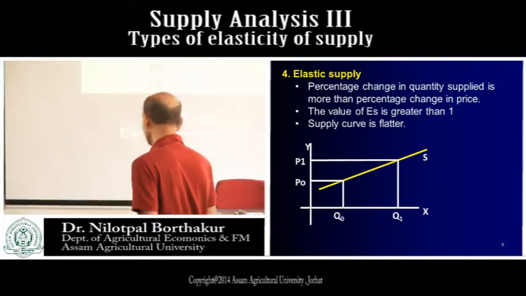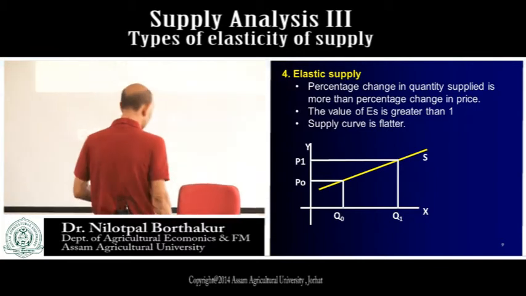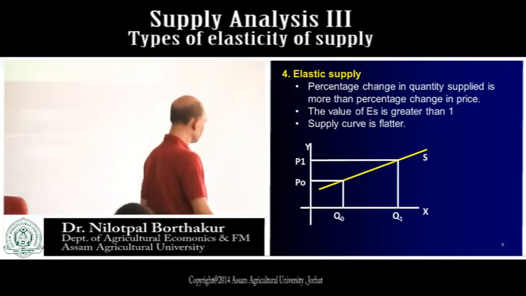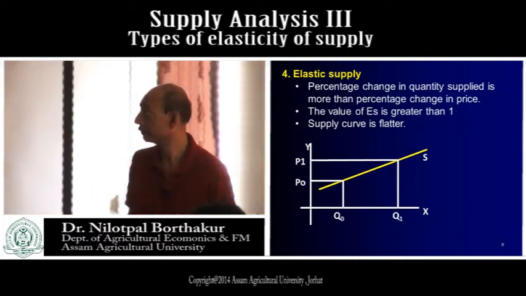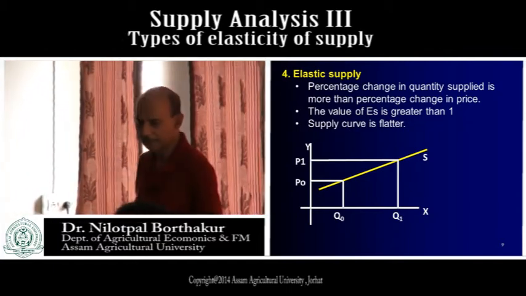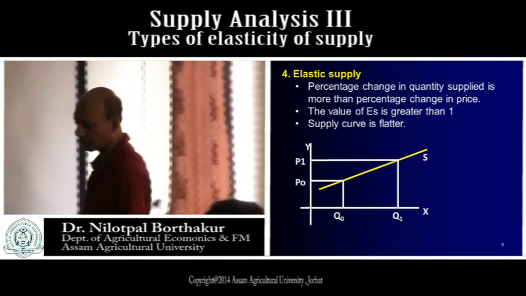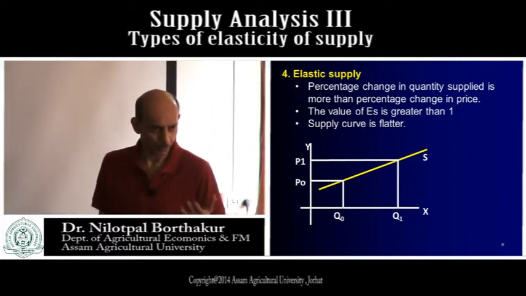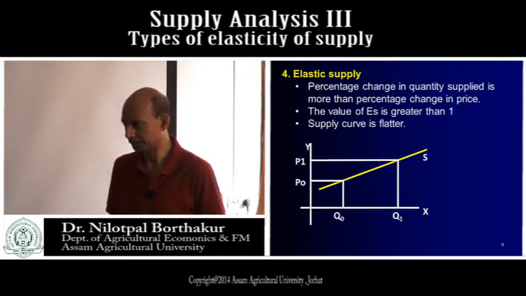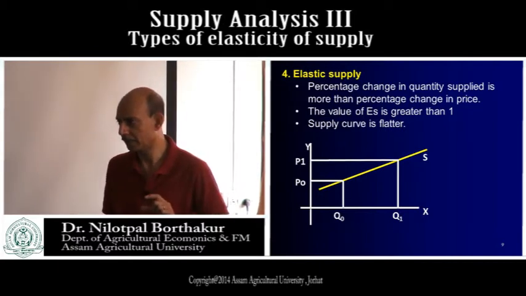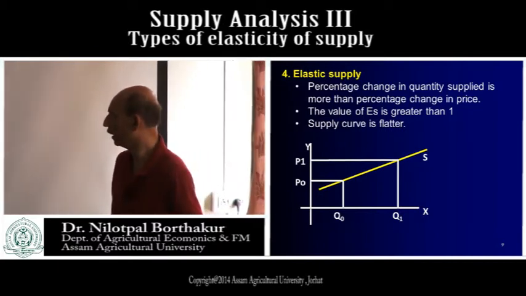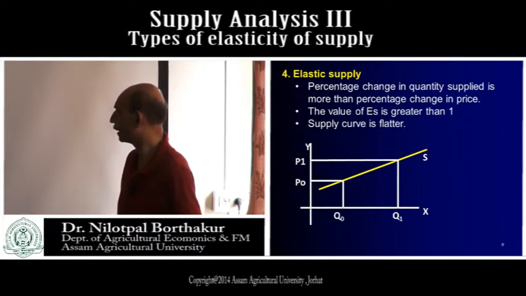Next is your elastic supply. In this case, percentage change in quantity supplied is more than the percentage change in the price. Here numerator will be more than the denominator, so the ratio yields ultimately a value greater than 1.